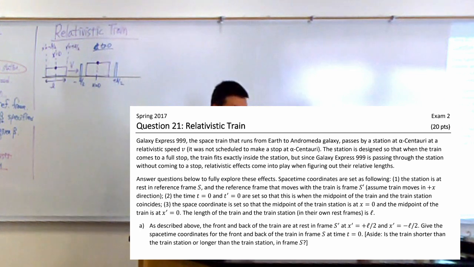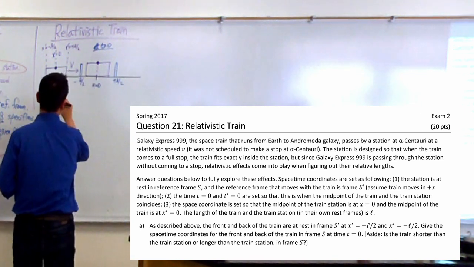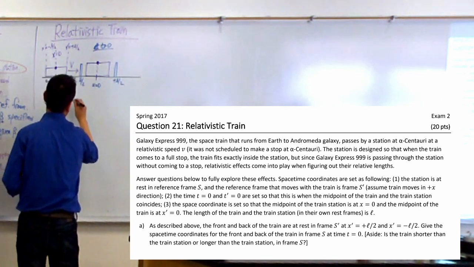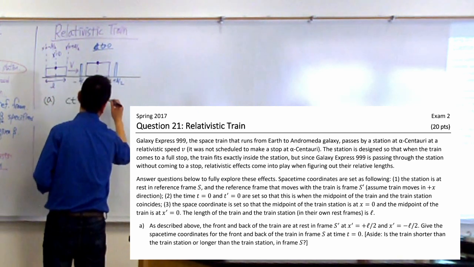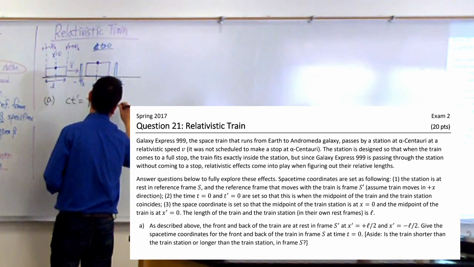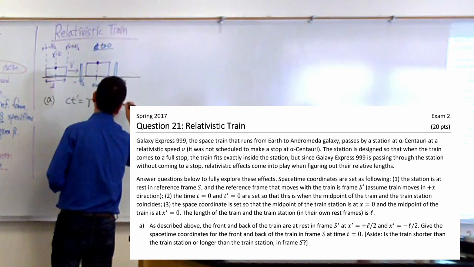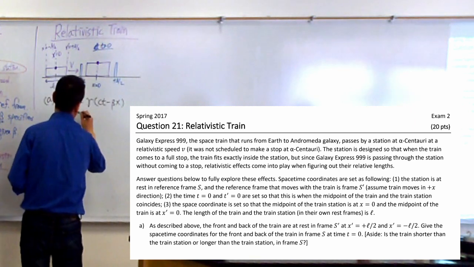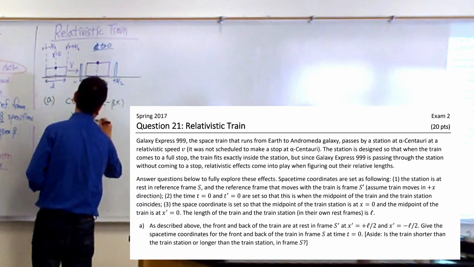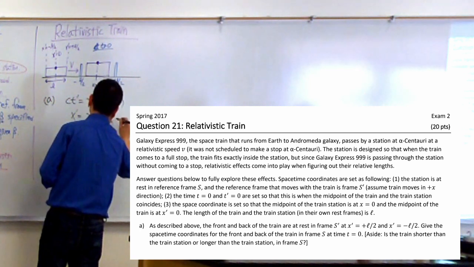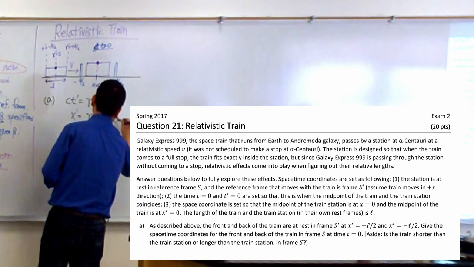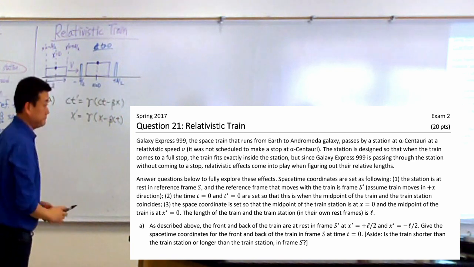So this is the Lorentz transformation for part A. ct prime is equal to gamma (ct minus beta x), and x prime is equal to gamma (x minus beta ct), right?